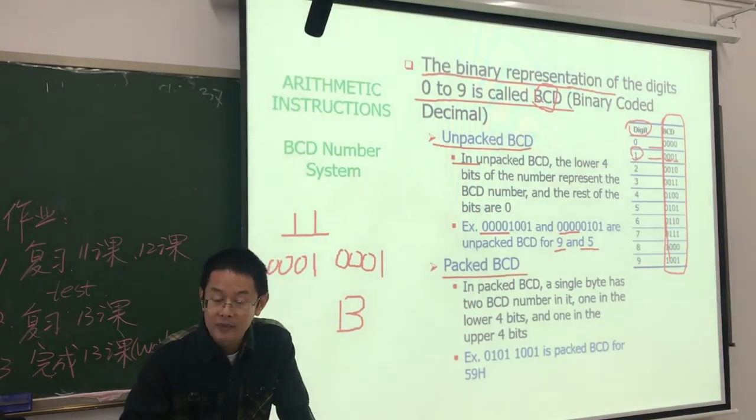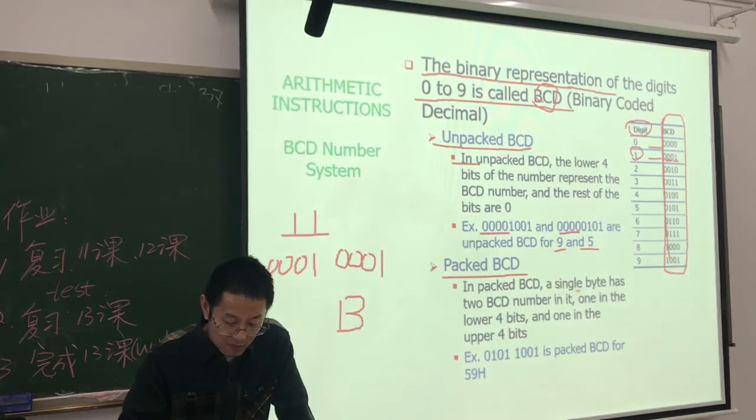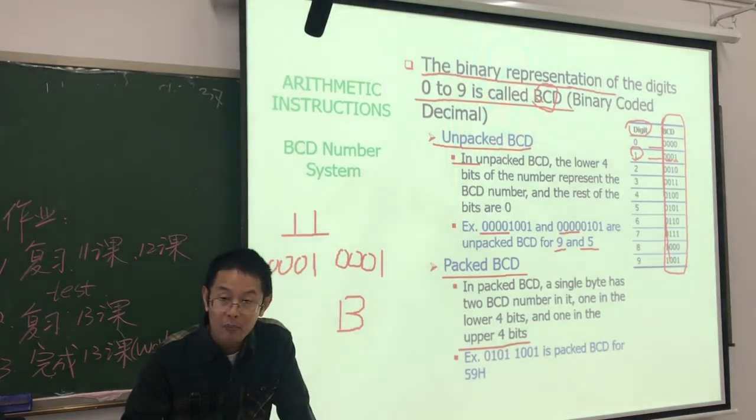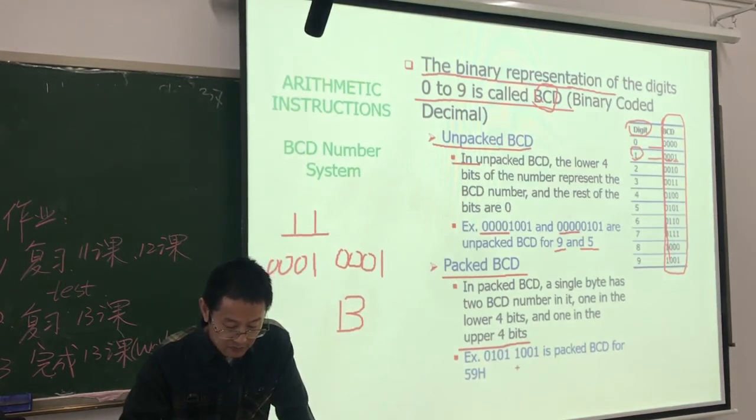Packed BCD code. In packed BCD code, a single byte has 2 BCD numbers in it, one in the lower bits and one in the upper 4 bits. 0101 is 5. 1001 is 9.